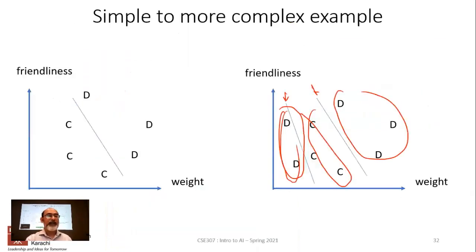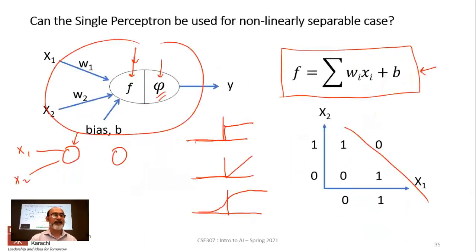Now what I'm saying is a single perceptron can't solve this problem. So throw in more perceptrons, make a network out of it, and see whether you can solve this problem with a bunch of perceptrons. How would you add them? For example, you could add another perceptron over here.